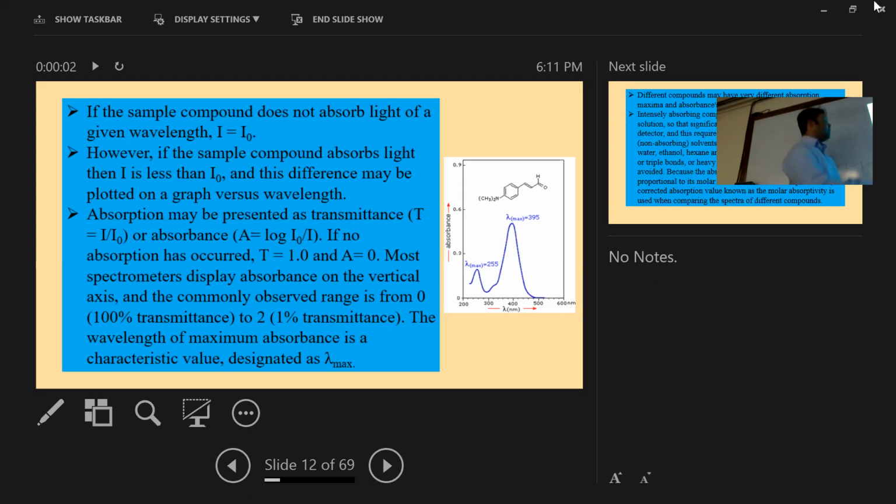If we take the UV-visible spectrum from 200 to 1000 nanometer and get a certain lambda max that corresponds to the energy of that molecule, then you can confirm that your sample contains that molecule.